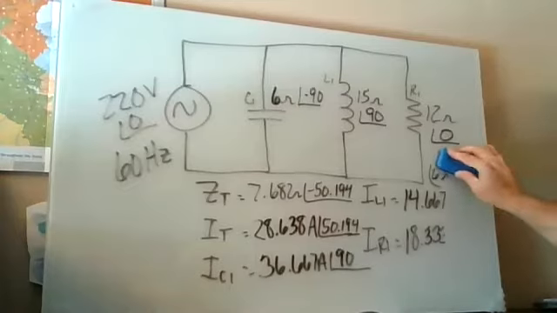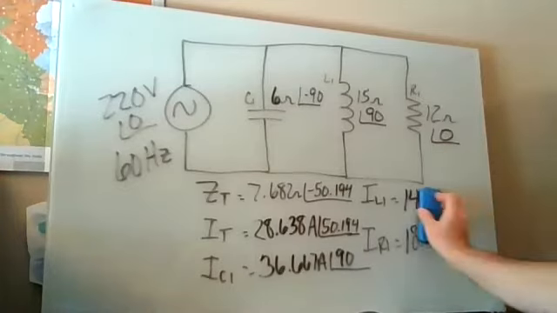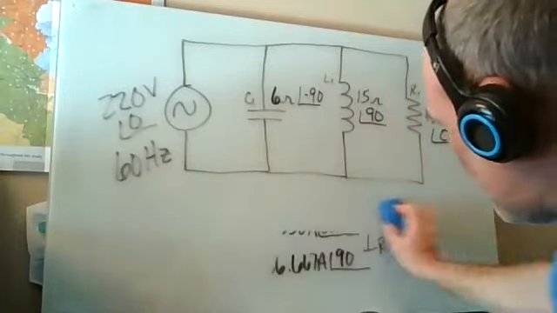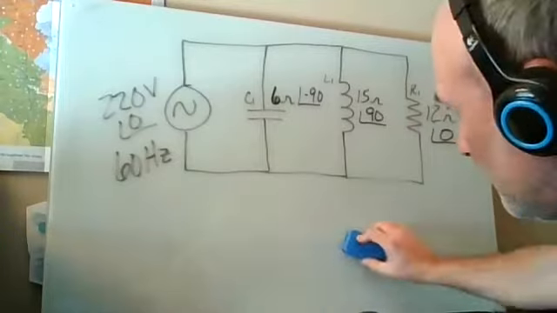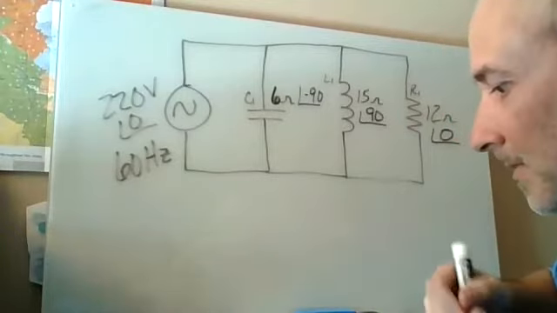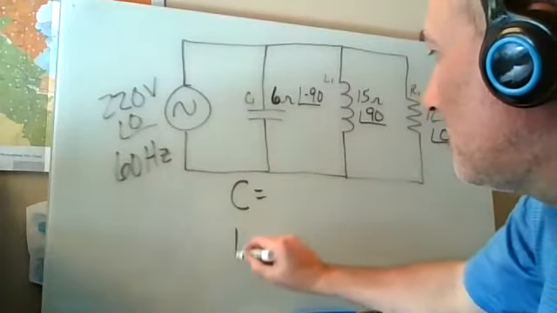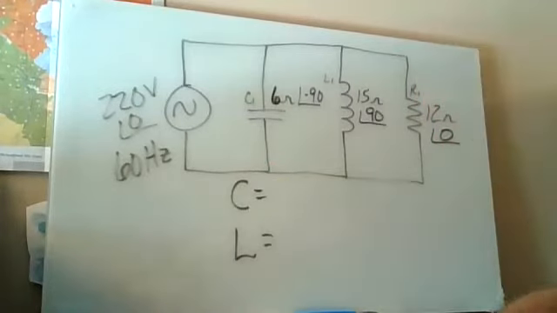So let me ask you guys a question. What if I gave you this circuit and said, could you find that for me? Got to go the other way. It'll just be divided.